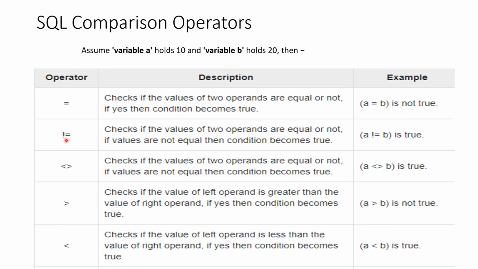Then not equal to, a is not equal to b, so it is true. This is also a sign of not equal to, so this is also true. This is the greater than sign, since a is less than b, so this is not true. This is the less than sign, since a is less than b, so it is true.